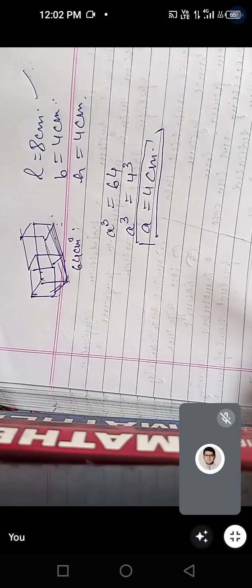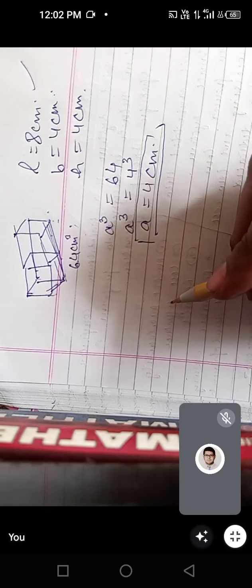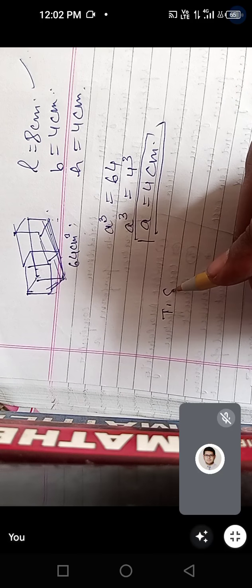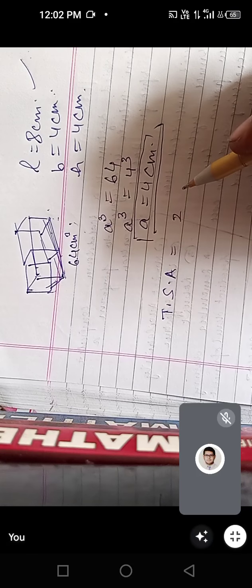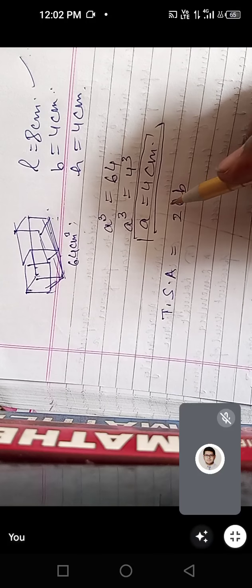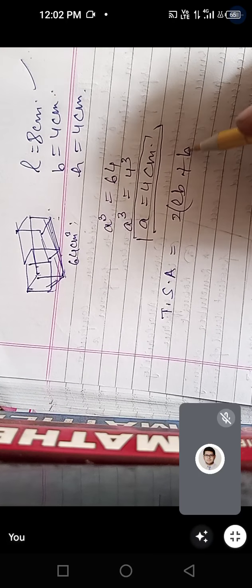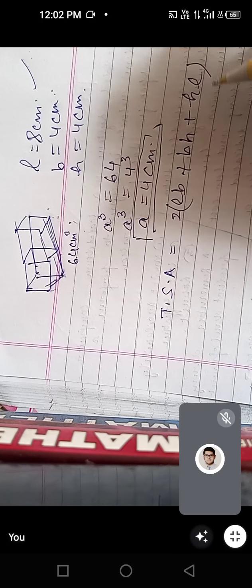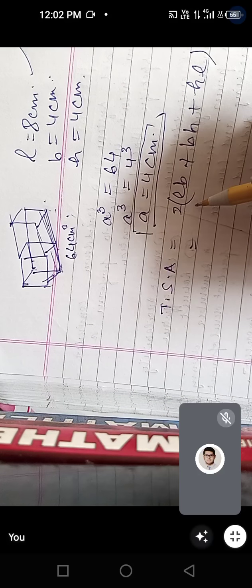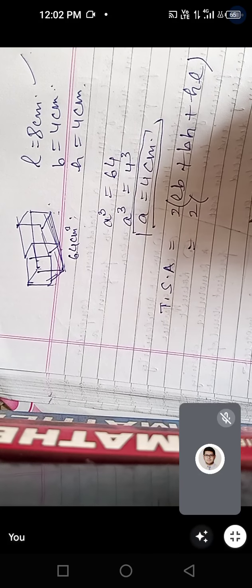Now the total surface area of the cuboid, TSA, is equal to 2 times (LB plus BH plus HL). Apply this formula.